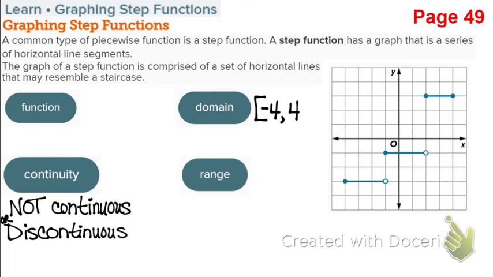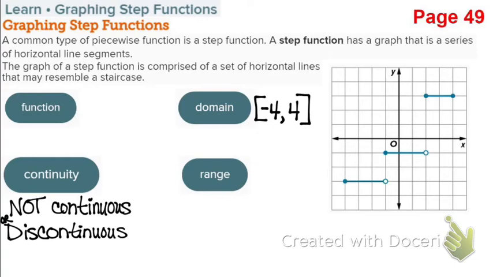In between +4 and -4, there is a point that has an x value everywhere in between. Right down here, I have all these different x values from -4, -3, -2. When I get to -1, it actually jumps up here, but then it keeps going. When I get to here, it jumps up here, but then it keeps going until I get here, and then it doesn't keep going anymore.